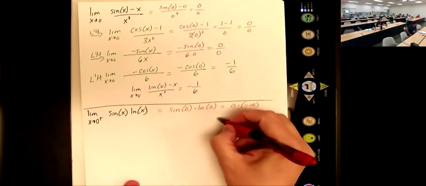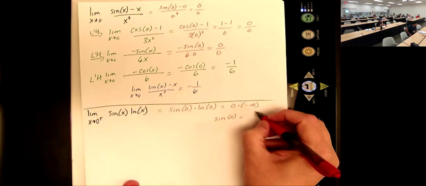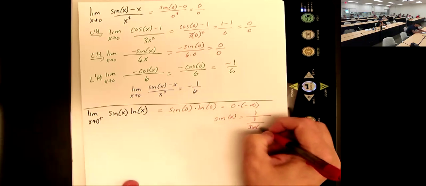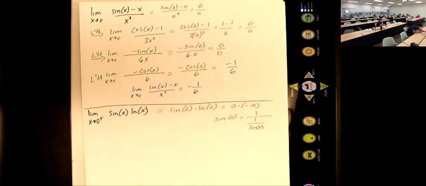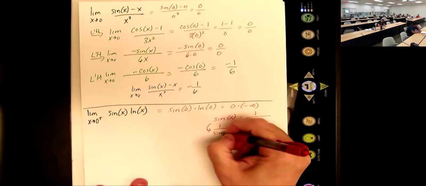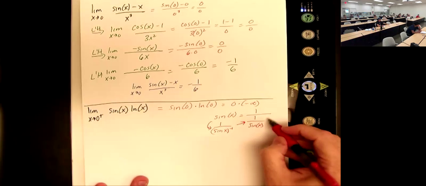So sine x could be rewritten as 1 over sine x to the negative 1, moving it to the bottom and using a negative exponent. But what is this?